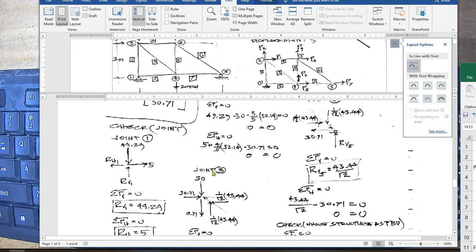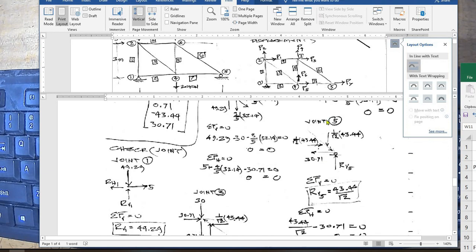Next, let's go to node 5, or joint 5. At joint 5, you need force 7 and the horizontal and vertical components of force 6, which is this. Summation of vertical forces: your vertical reaction is equal to 1 over the square root of 2 times 43.44.